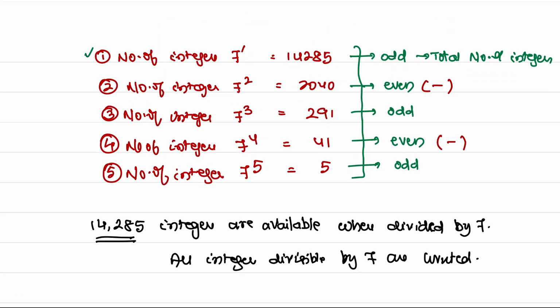When you remove 7 square, what happens? All 7 to the power of 2, 7 to the power of 4, 7 to the power of 6, 7 to the power of 8, everything is removed. That means 7 to the power of 4 is already removed in 7 to the power of 2.